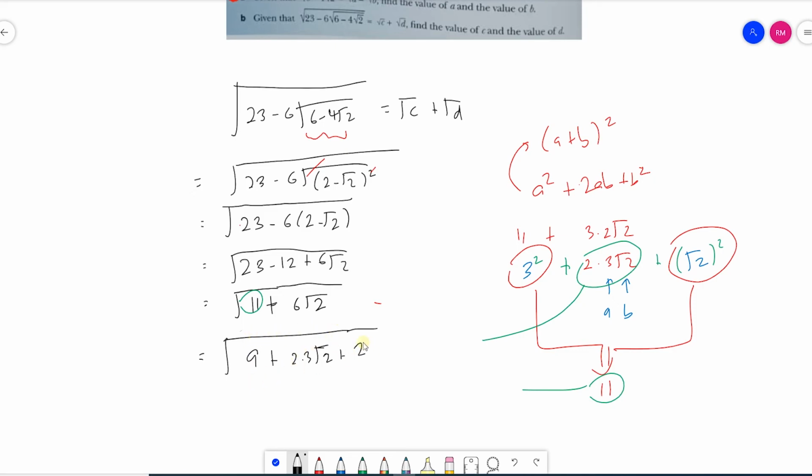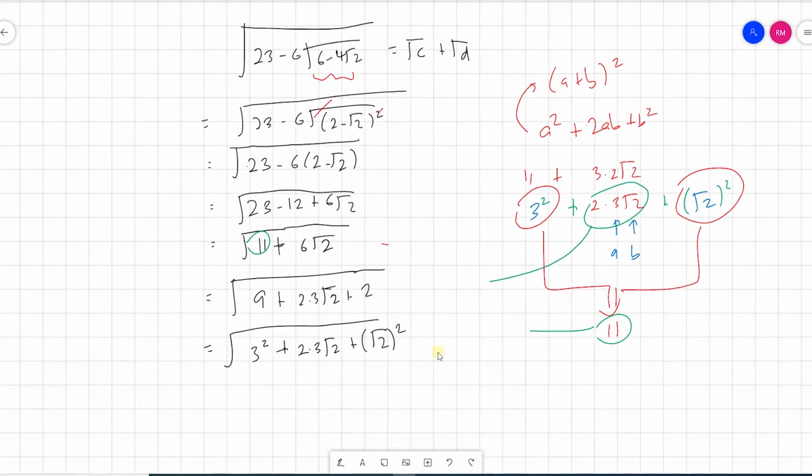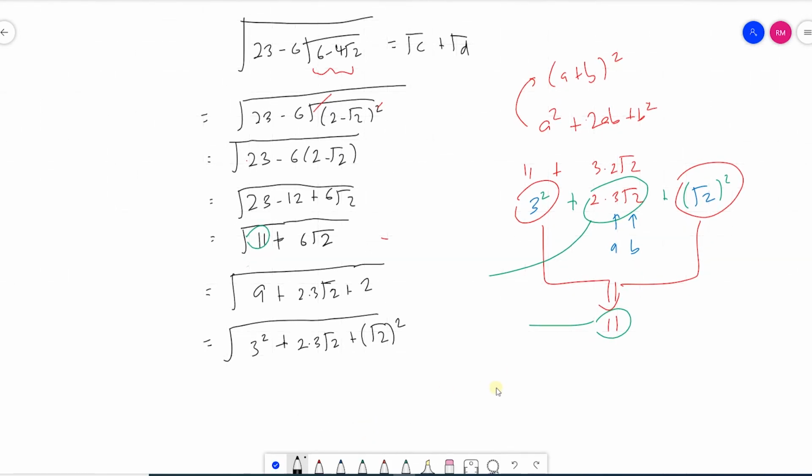I'm just trying to split these two things so that it will match up with whatever we want. So now this 9, we'll need to make it to be 3 square. 3 square is equal to 9, correct? And then copy back 2 times 3 surd 2, and then this 2 I can simply make a square root 2 and then square it, I'll be getting 2 at the same time, correct?